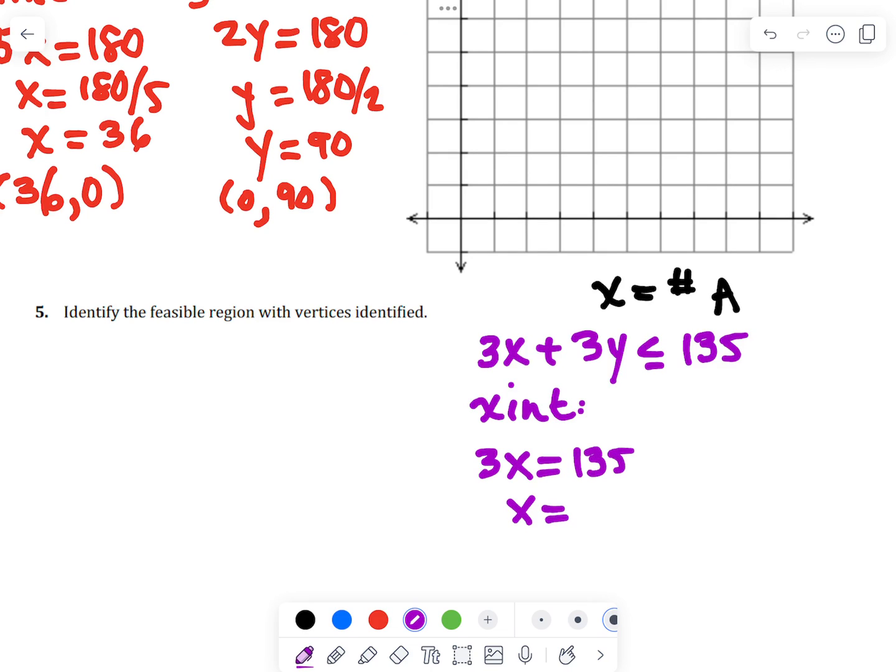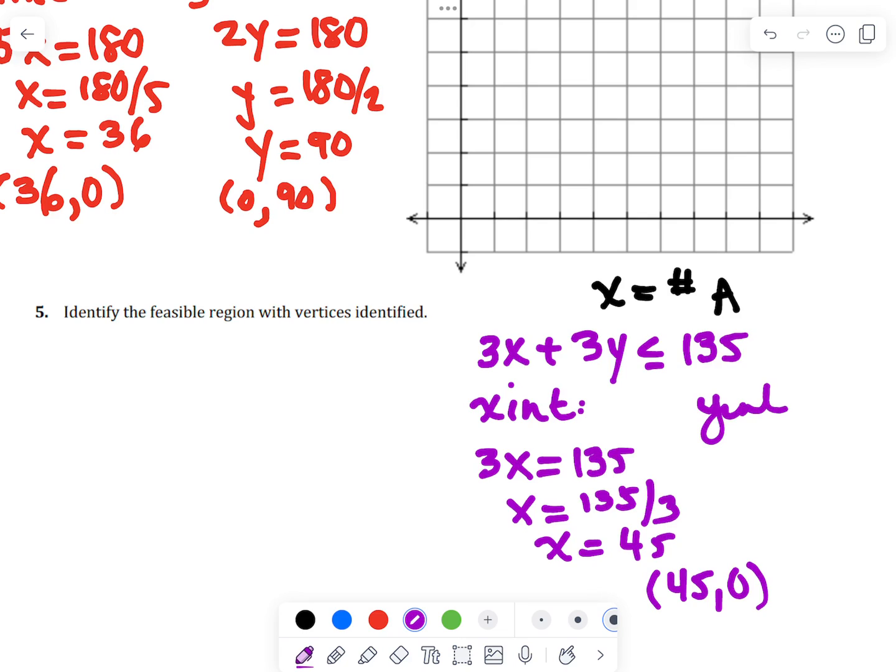We solve for x. 135 divided by 3 is 45. So we get 45, 0. Notice that the y-intercept is going to produce the same value of 45. So 0, 45. All right. Those are the ordered pairs to help us to graph our lines.